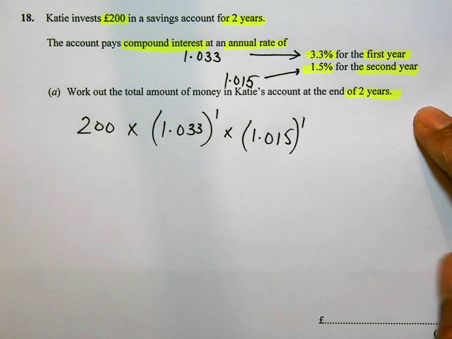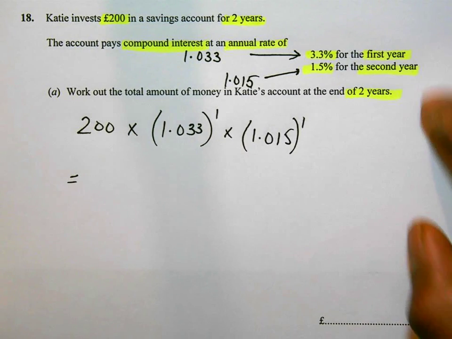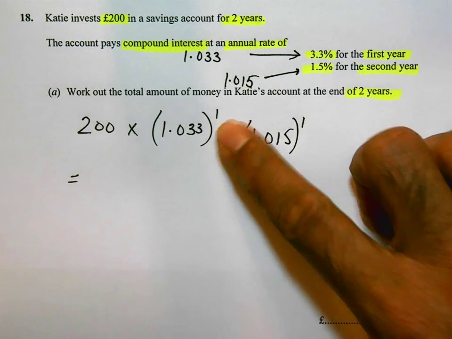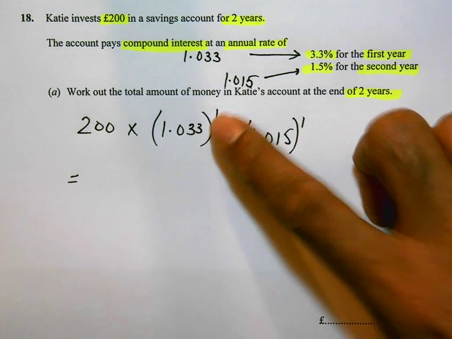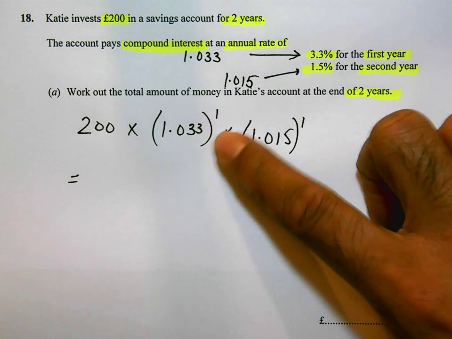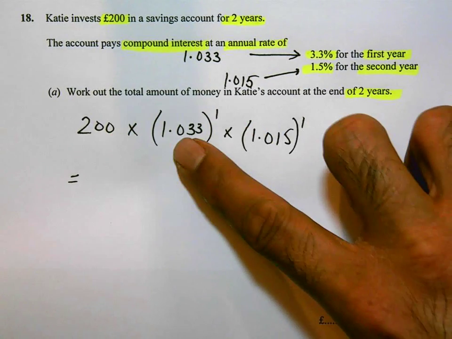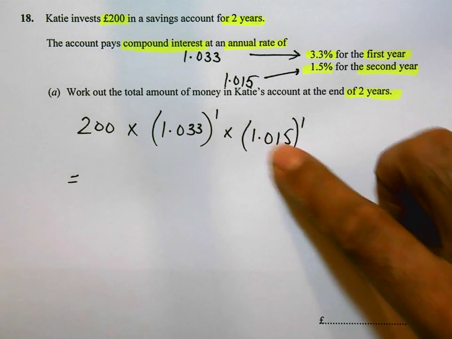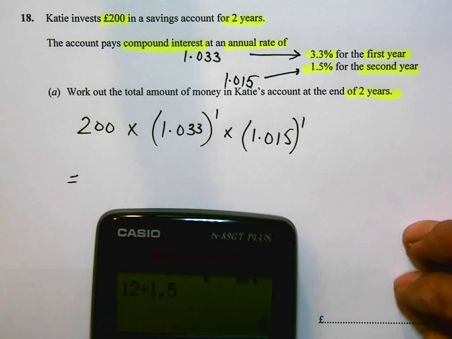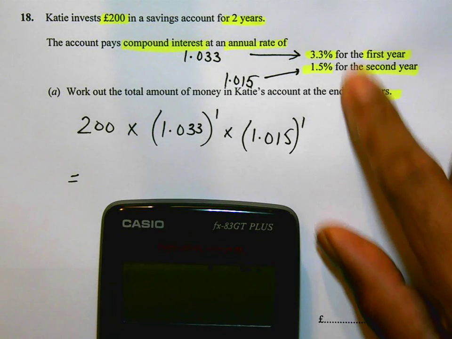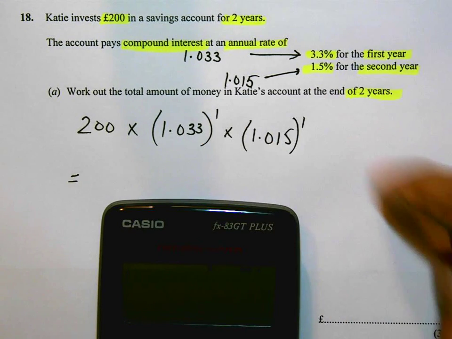Now that's what I need to work out to find the answer to this question. Now remember, the power of 1 means nothing at all. It doesn't change the value in any way. So I'm simply going to do 200 times 1.033 times 1.015. If the question had more than 2 years and different year groups, then those powers would have been different.